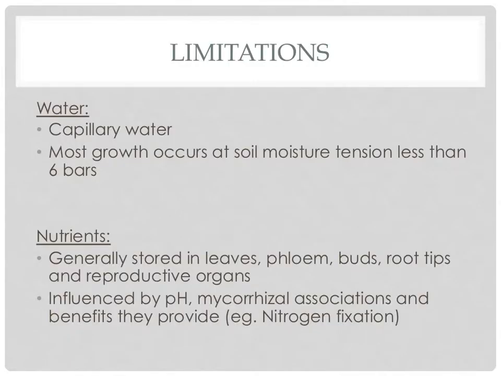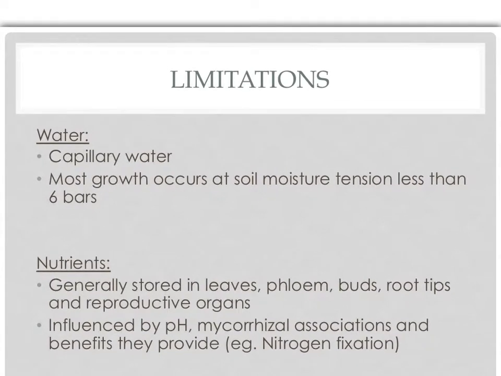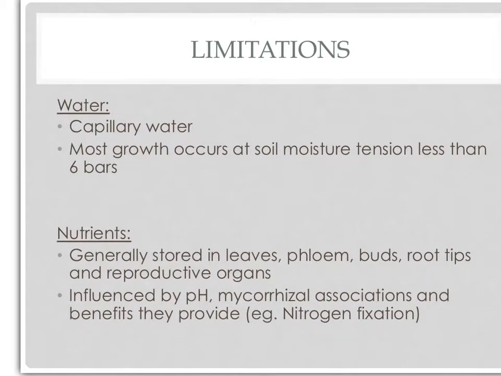Other limitations: water. Okay, capillary water. How much water can be made available to trees? Because remember that soil will lock up a certain amount of water and be in a position that is unavailable for trees or for growth.